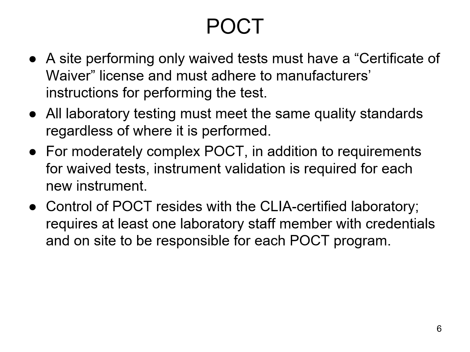There are cassettes for the iStat for things like your clotting testing and cardiac markers, things like that. And so that analyzer does require a little bit more things that have to be done as far as quality control standards and things like that.